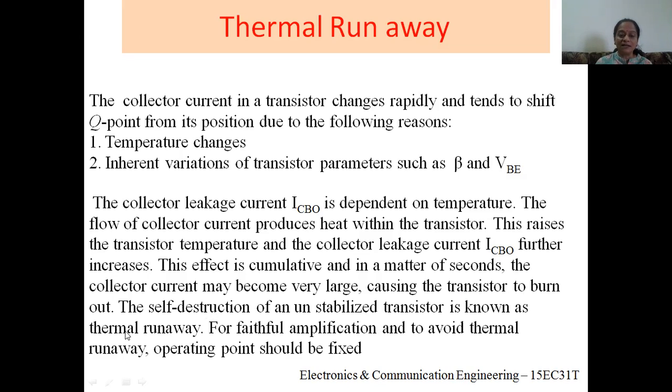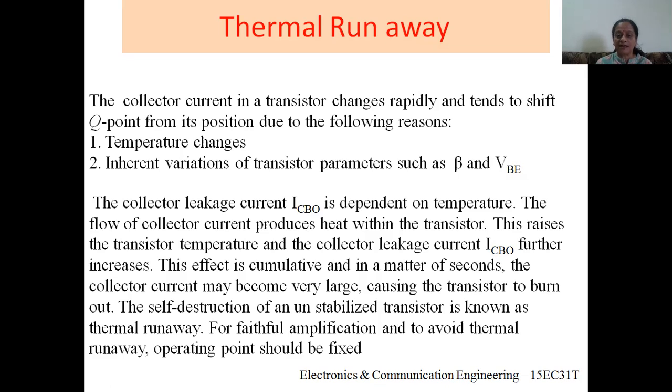The name thermal is because of the temperature change. The leakage current is dependent on temperature. So if the transistor collector current changes because of changes in the parameters beta and VBE, which in turn increases the heat within the transistor, when heat increases, the leakage current increases, which is dependent on temperature. So leakage current is cumulative.